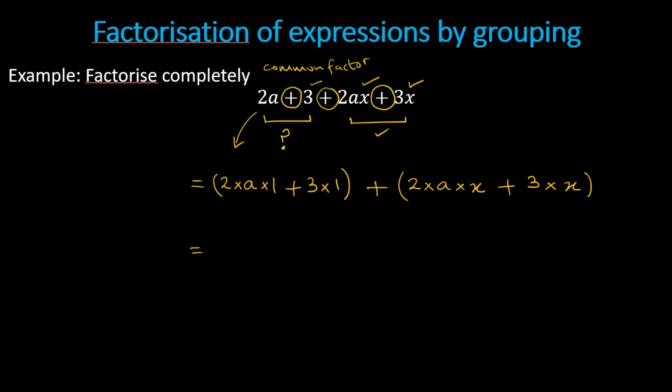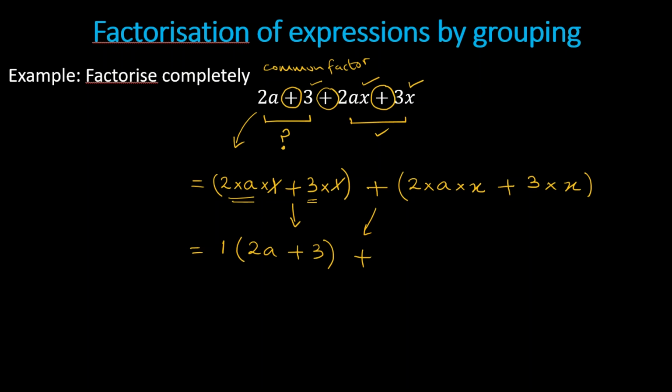Now let us see whether we can take out the common factor now for the first pair of brackets. What is a common factor? Can we easily see the common factor now? Of course, yes. The common factor is simply 1, right? So 1 is outside. We are left with 2a plus 3. Okay, we continue.